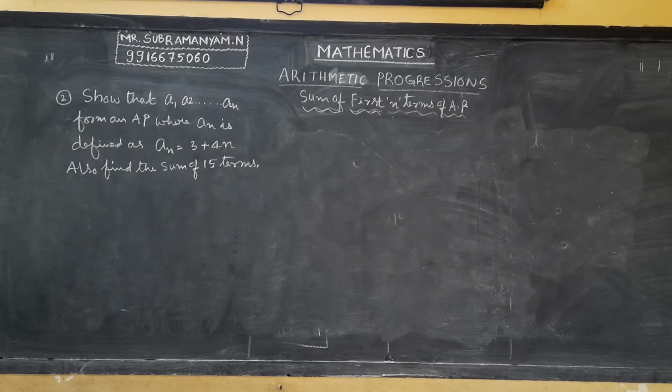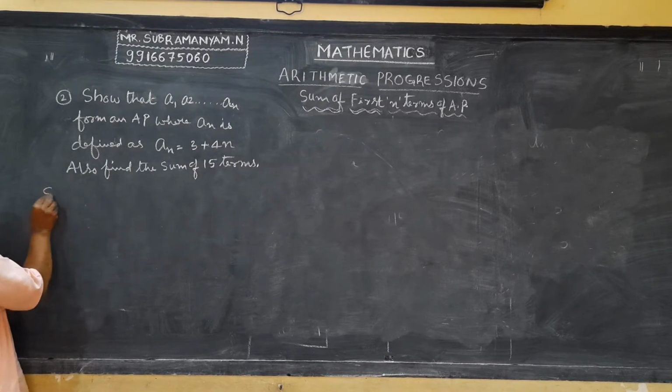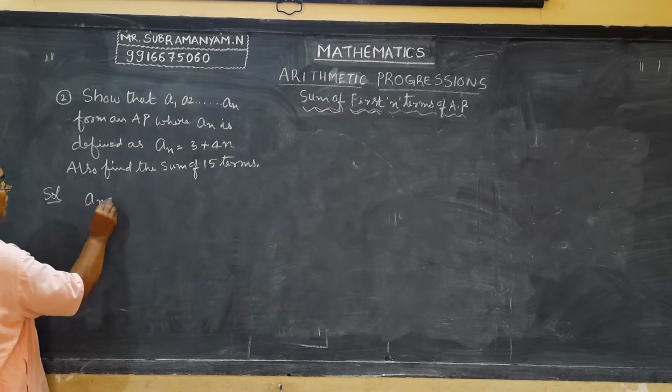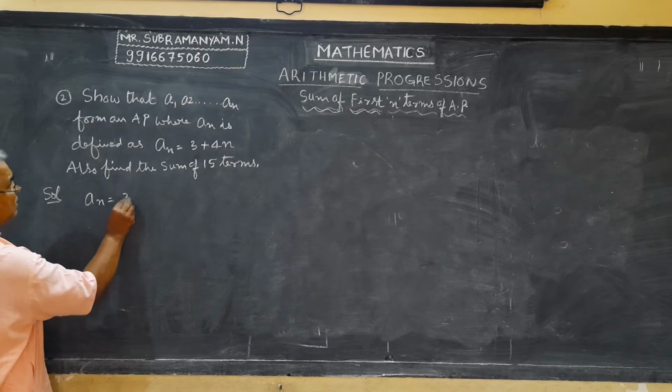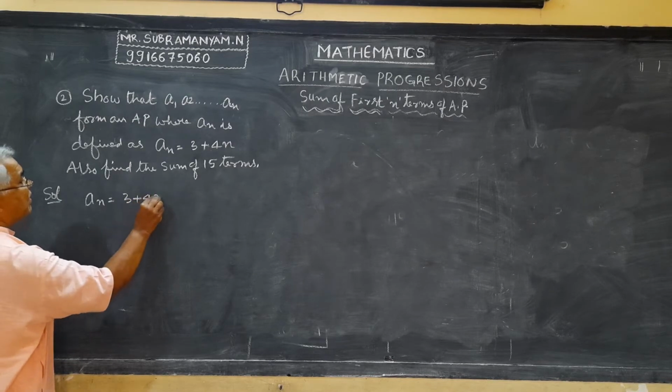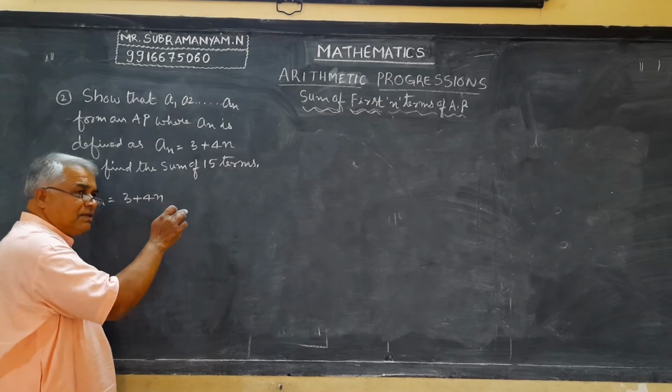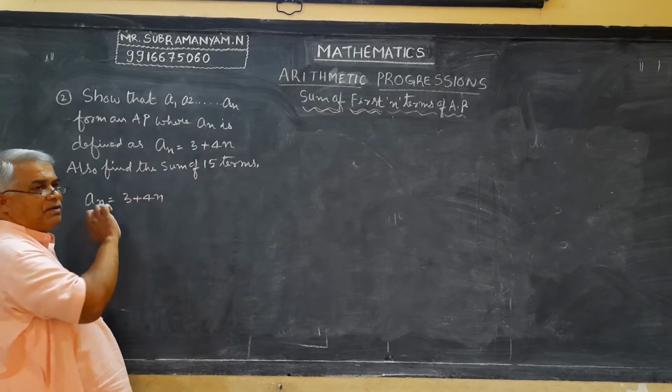So we know the formula AN and we'll substitute for that AN. What is the formula? Let us solve now. AN equal to 3 plus 4n. We cannot write any formula that we like because in this formula they have given a specific one.